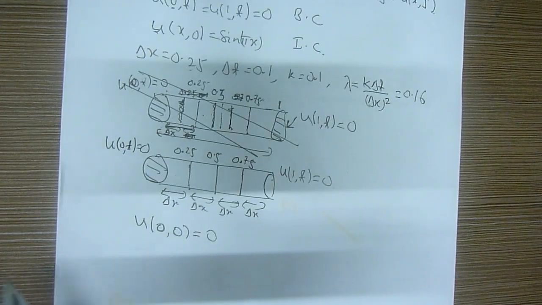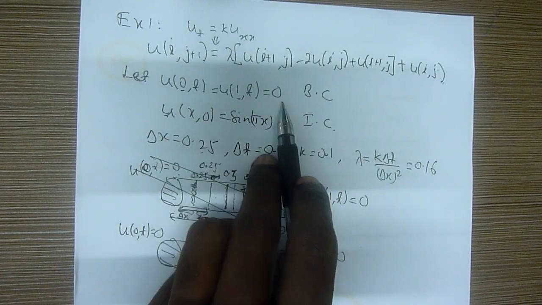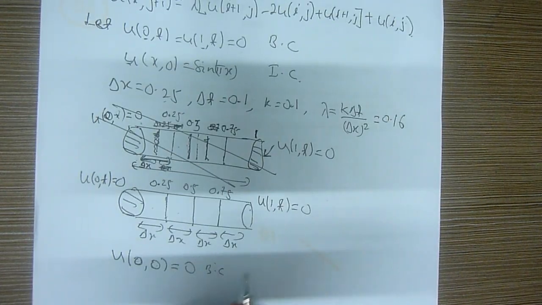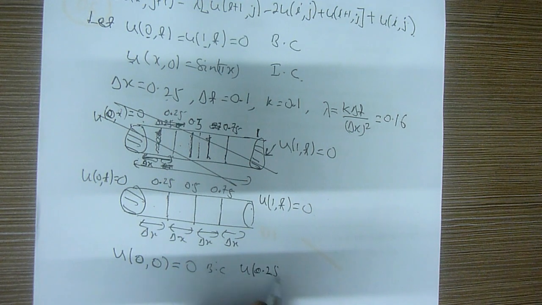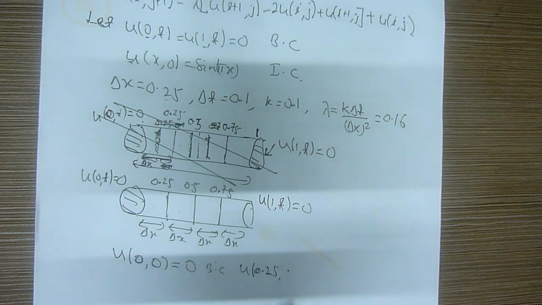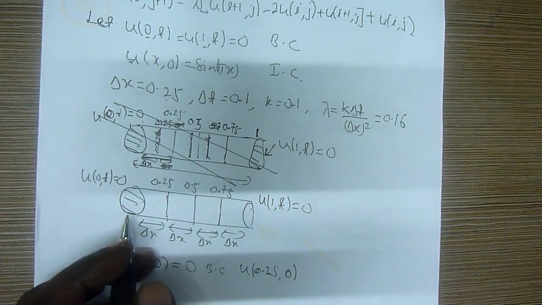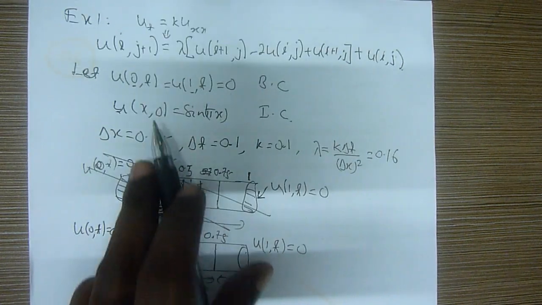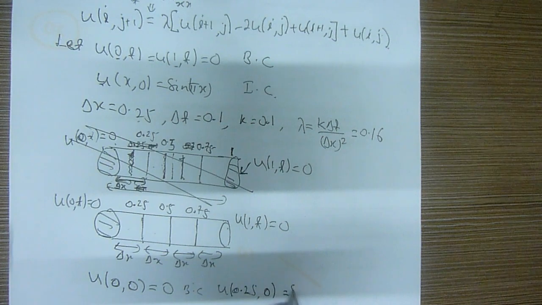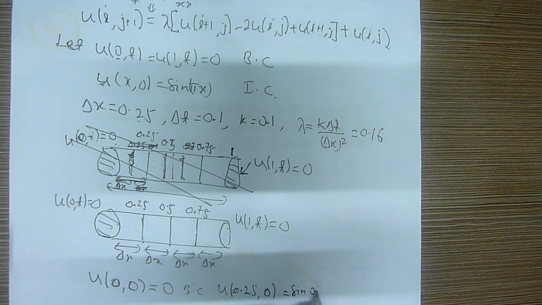Okay, in this particular case we are already at 0 and we comply with the boundary condition. This is a boundary condition anyway. Okay, we cannot challenge that. Okay, the next thing, u at 0.25. When I place 0 in the initial state, remember this is in the initial state, what is the sine of 0.25 pi?